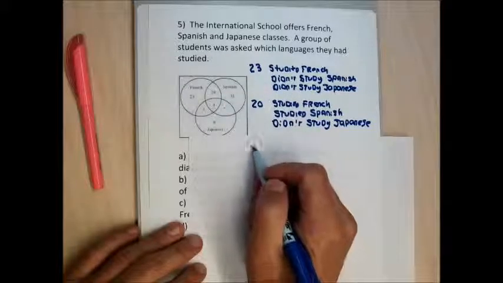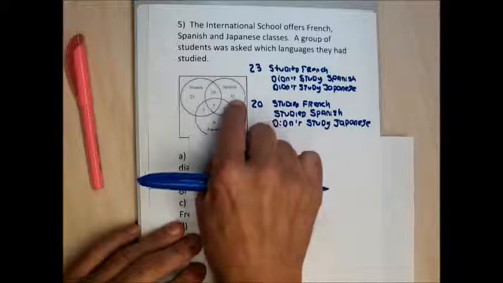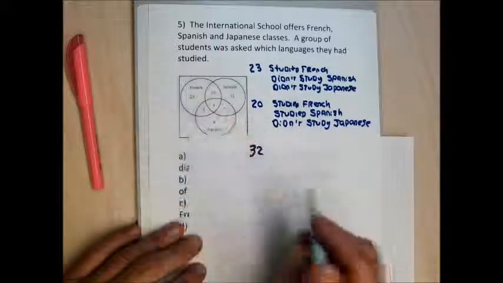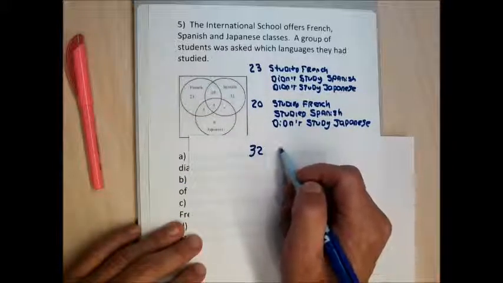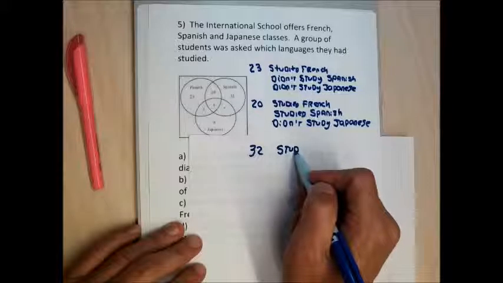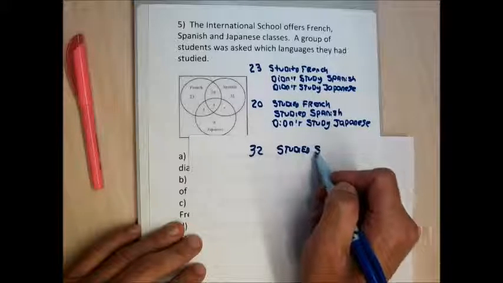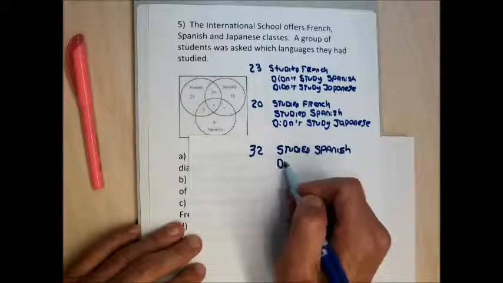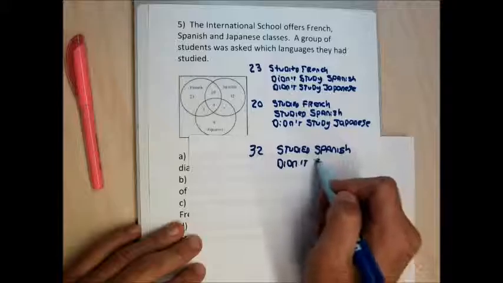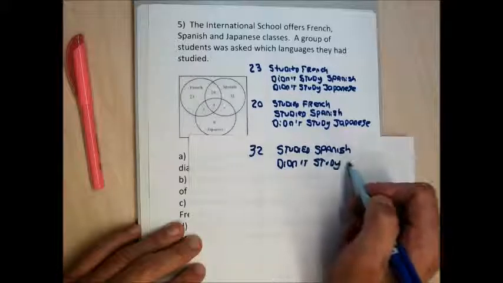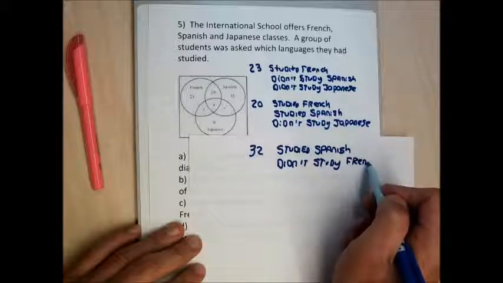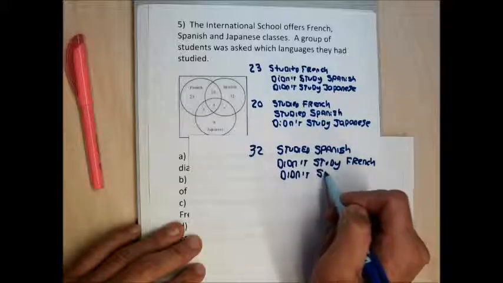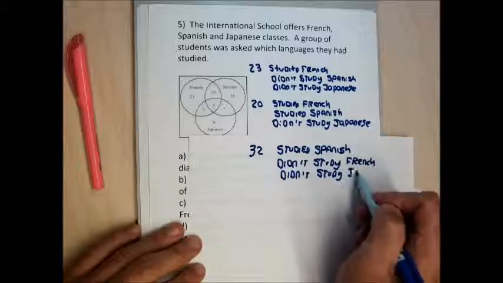Those 32, they studied Spanish because they're inside the Spanish circle. They're outside the French and they're outside the Japanese circle. So those 32 studied Spanish, didn't study French, and didn't study Japanese.